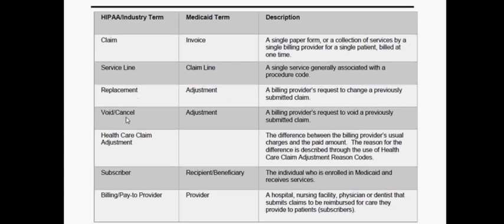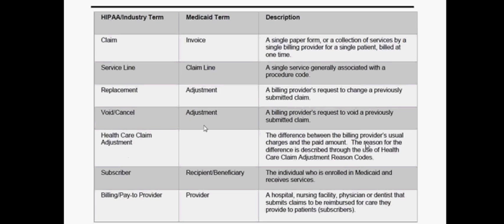And there's another word called void, or cancel, or adjustment. That means the billing provider requests to void a previously submitted claim. When you say void or cancel, it's very clear, but sometimes they also use, in a very generic way, the word adjustment, which would also mean to void the previously submitted claim. Healthcare claim adjustment, I think there is no confusion here.